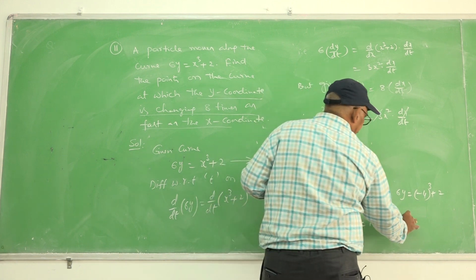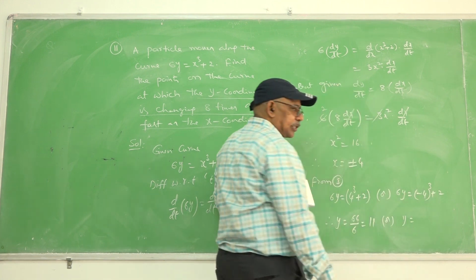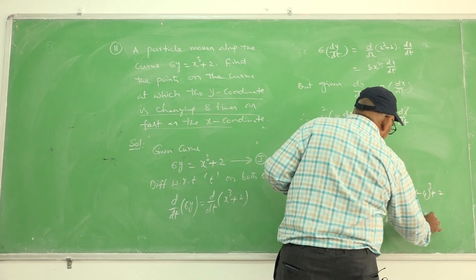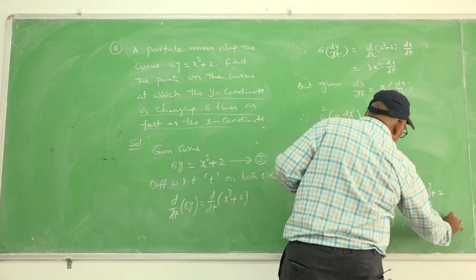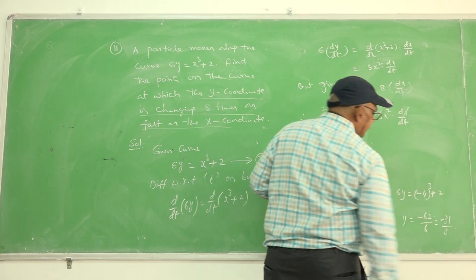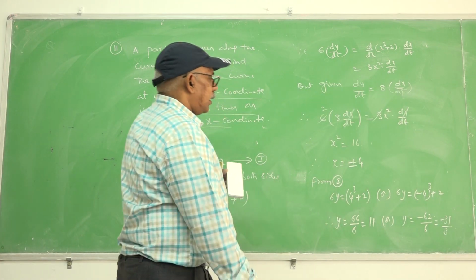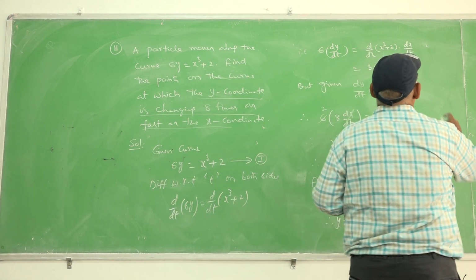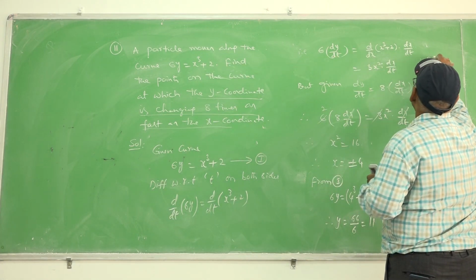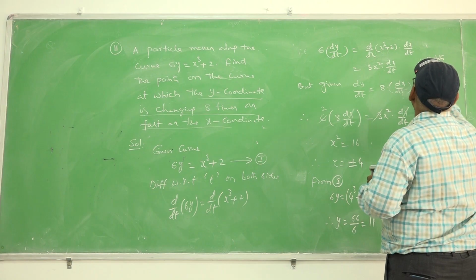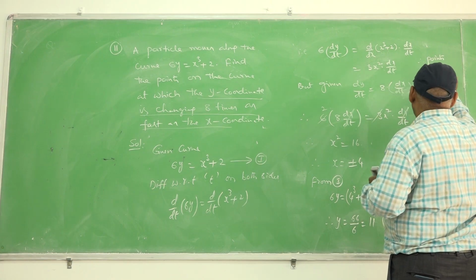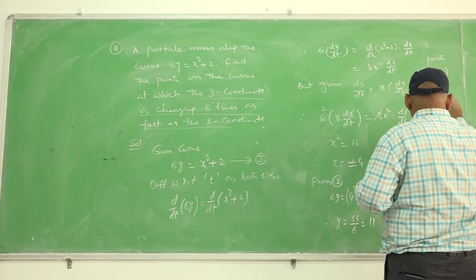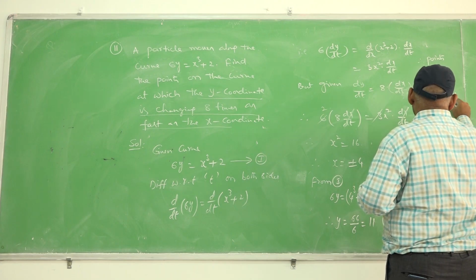Or y equal to minus 64 plus 2 gives us minus 62, minus 62 by 6 is minus 31 by 3. So the required points are 4 comma 11 or minus 4 comma minus 31 by 3.